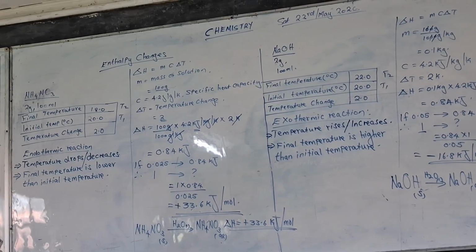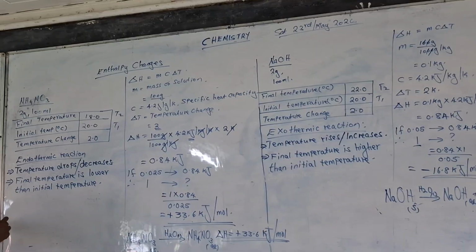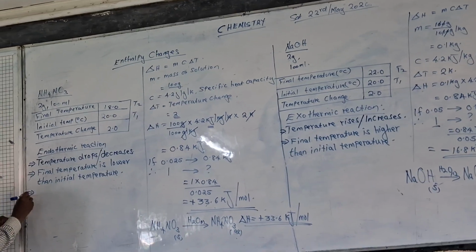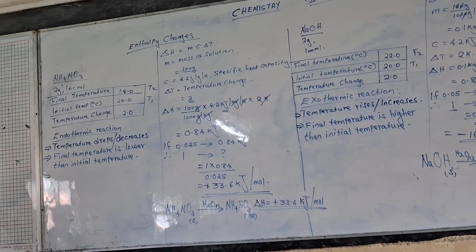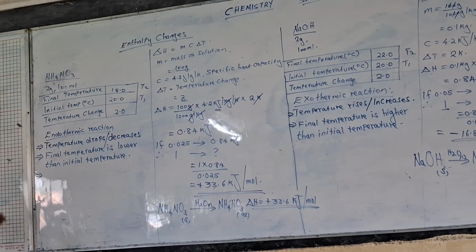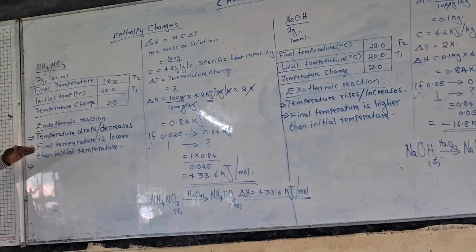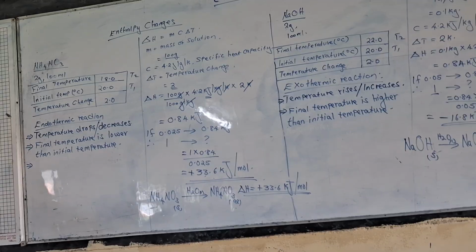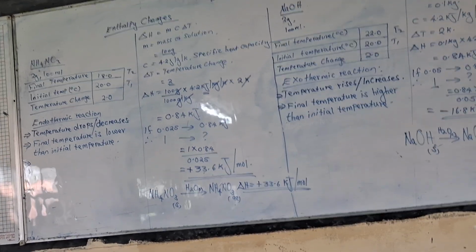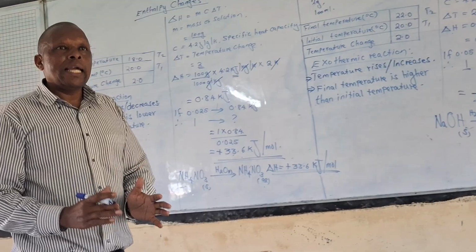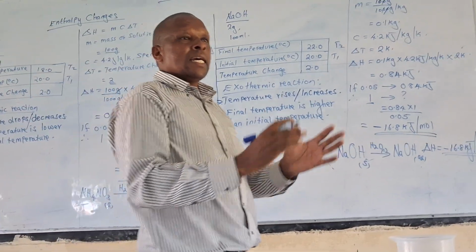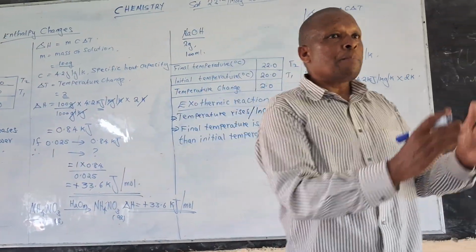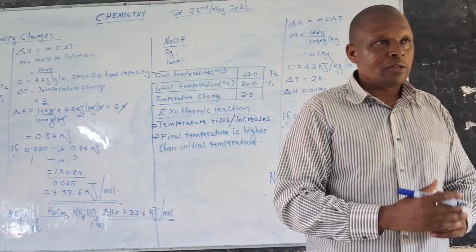Then lastly, in the case of an endothermic reaction, there's a decrease in temperature. There's something known as a system in a reaction. Are we together? Yes. A system in a reaction is the reactants and the products in the reaction.